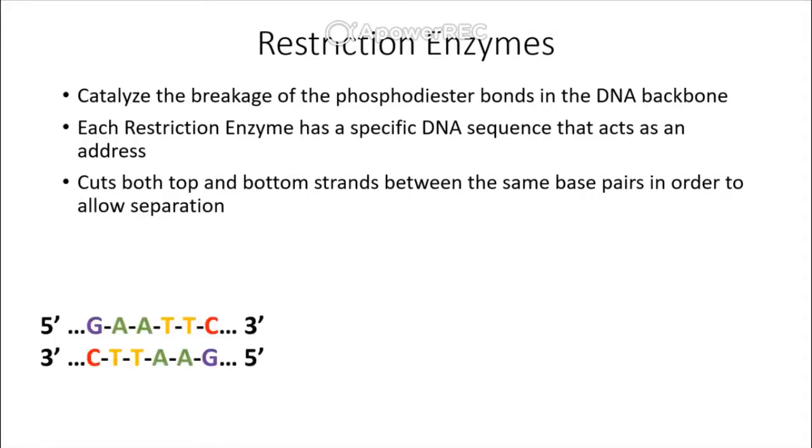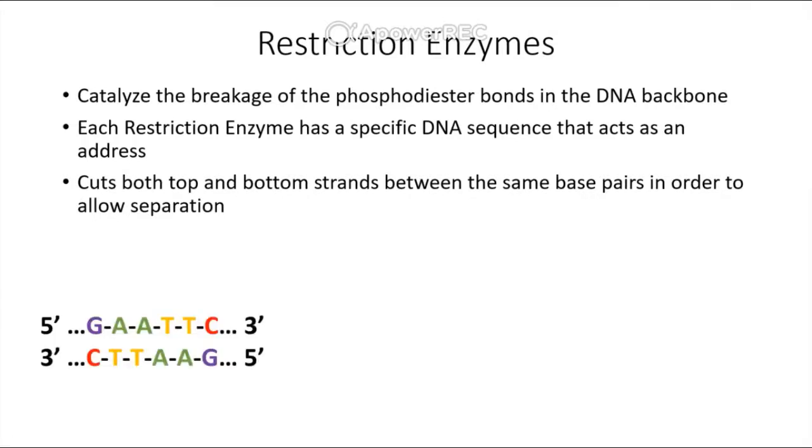So let's see how this looks. Here I have presented you with one of those restriction enzyme sites, or the address for the restriction enzyme. This particular enzyme, EcoRI, has a restriction enzyme site GAATTC.